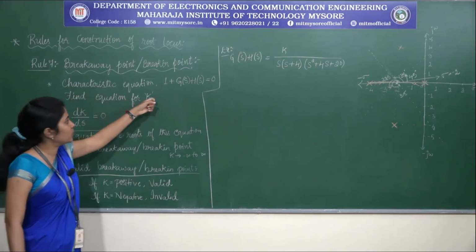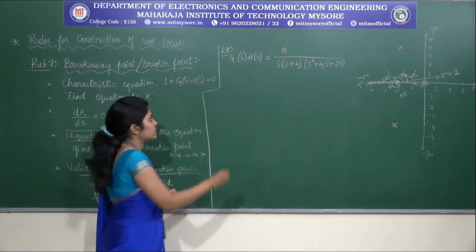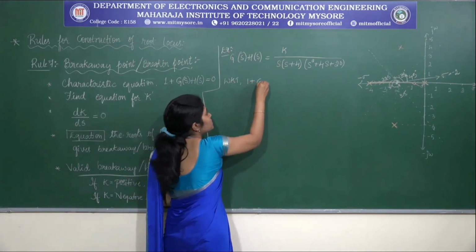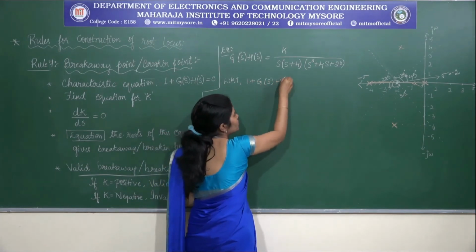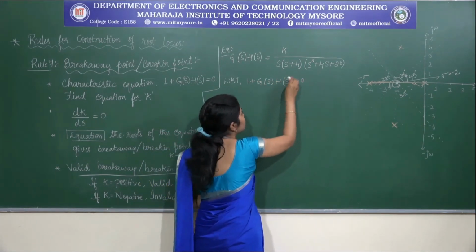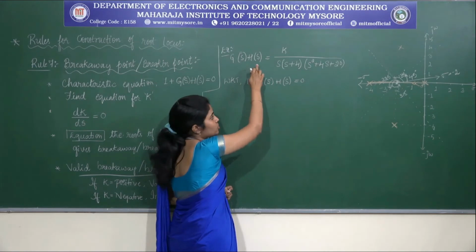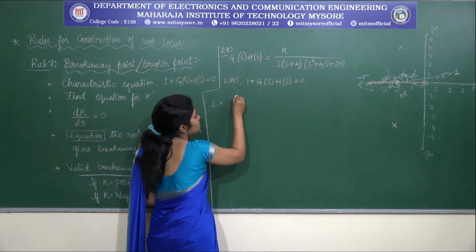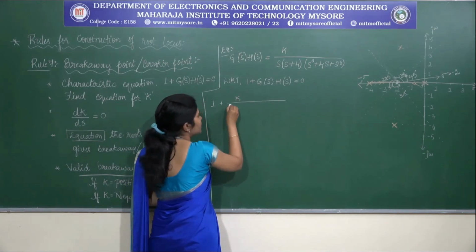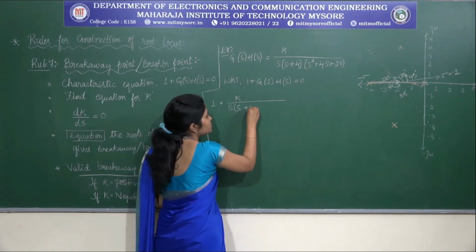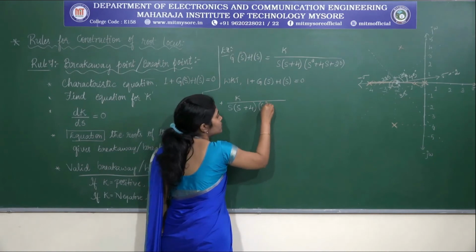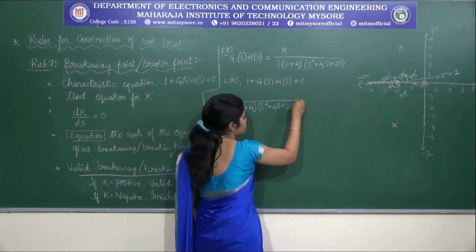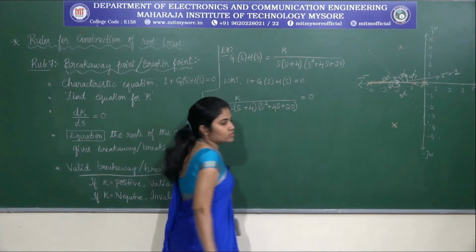Find the characteristic equation. So this is the standard characteristic equation, that is we know that 1 plus g of s into h of s is equal to 0. This is the given g of s into h of s. Substitute it here: 1 plus k divided by s into s plus 4 into s square plus 4s plus 20, which is equal to 0.